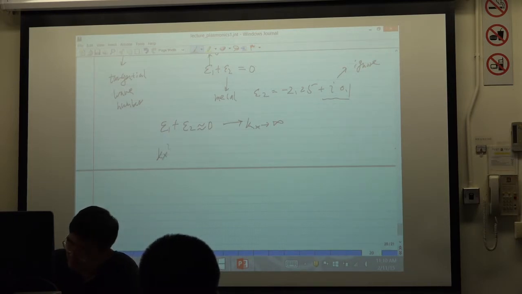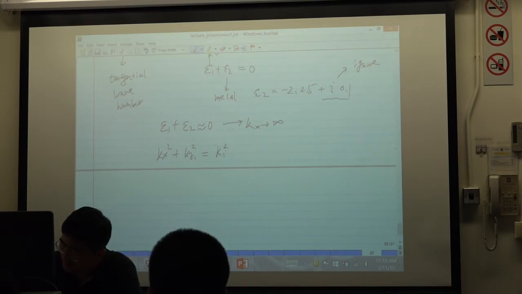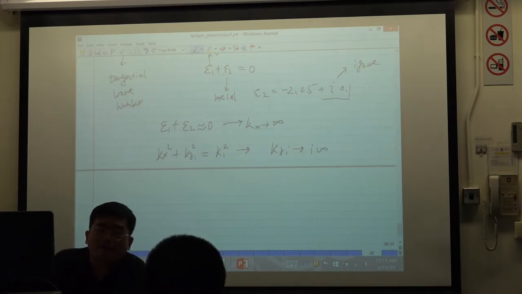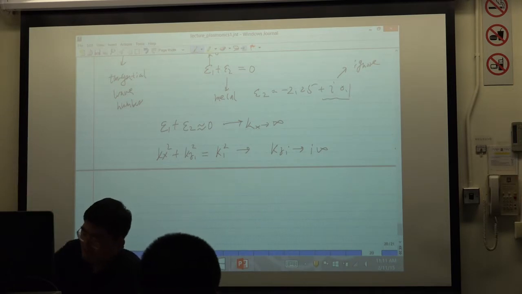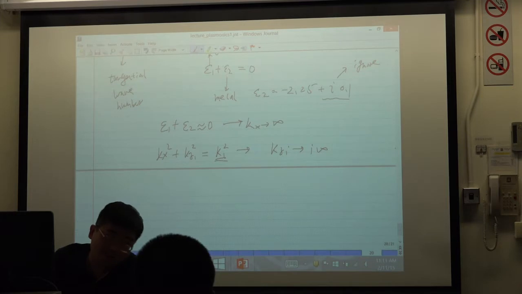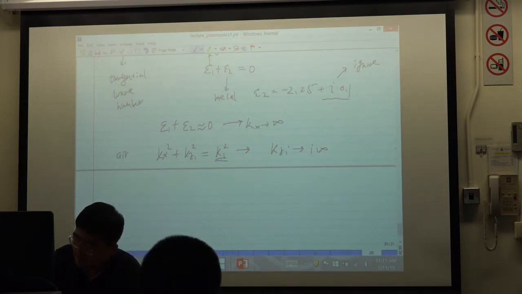Kx squared plus kz1 squared equals k1 squared, so kz1 also goes to imaginary infinity, because kx goes to infinity while k1 is just a real value for the dielectric region, the glass region.